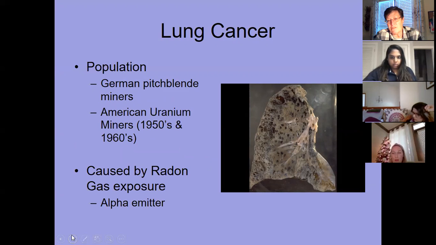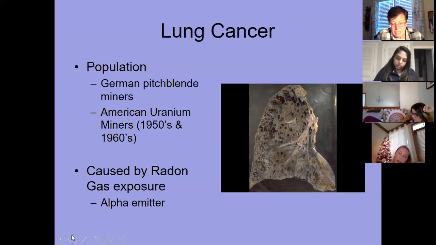The next type of cancer that's been linked to radiation exposure is lung cancer. And the populations have been predominantly miners. The German pitch blende miners, and pitch blende is crystalline uranium oxide. So it's still a uranium product.